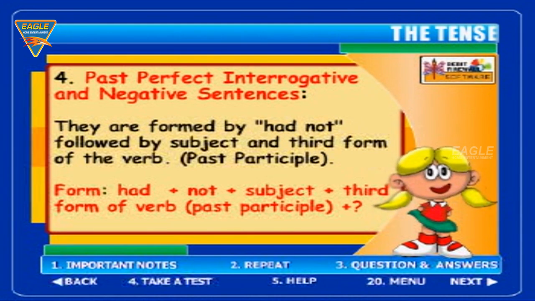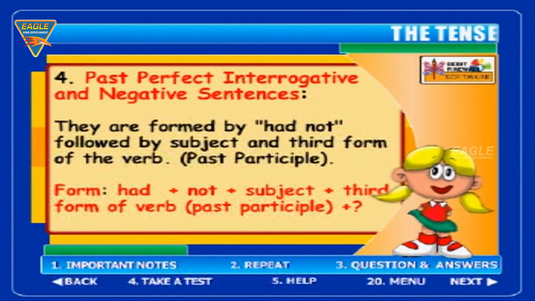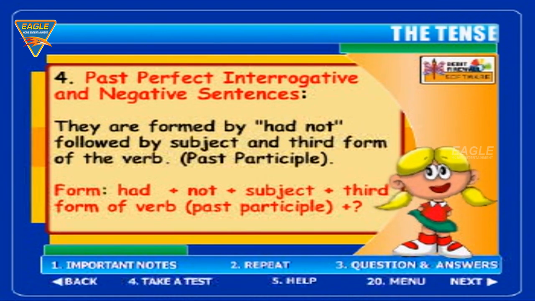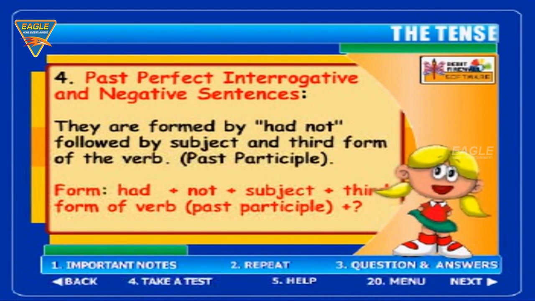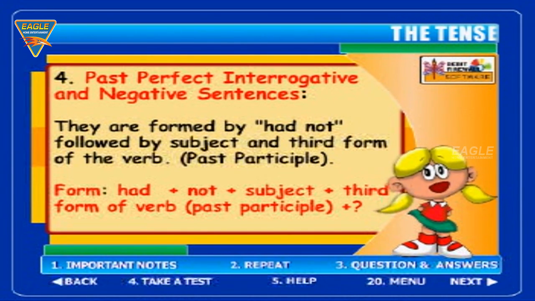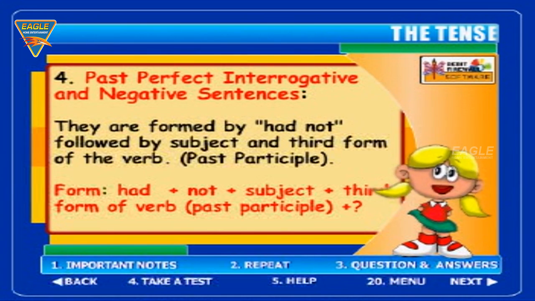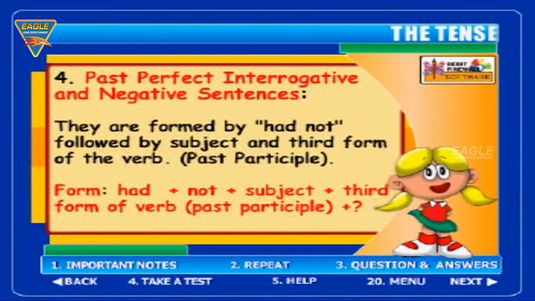Past perfect interrogative and negative sentences. They are formed by had not, followed by subject and third form of the verb. Form: had plus not plus subject plus third form of the verb.